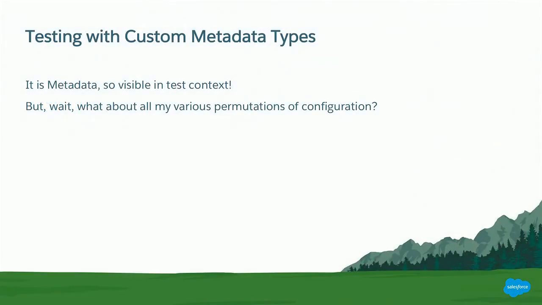But there are some weird things that go on with custom metadata types, and that's testing. When you're using SeeAllData equals false, which is the default now, can we see records? Can we see our custom object records? Anybody? We can't, right?